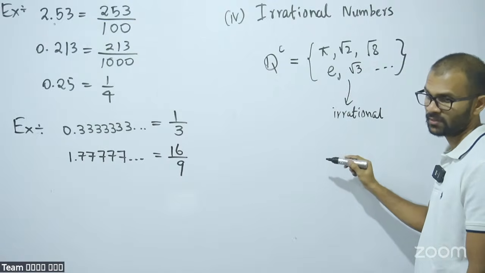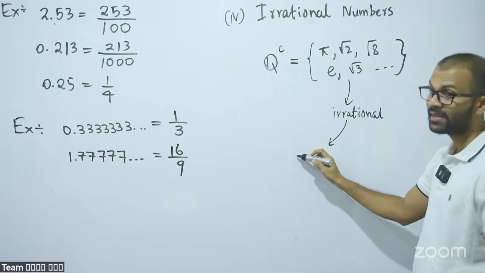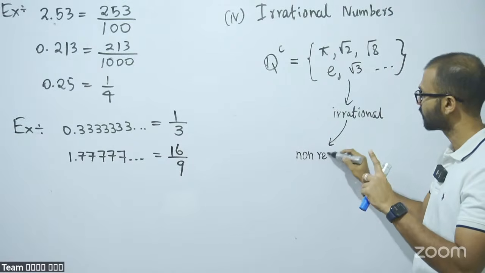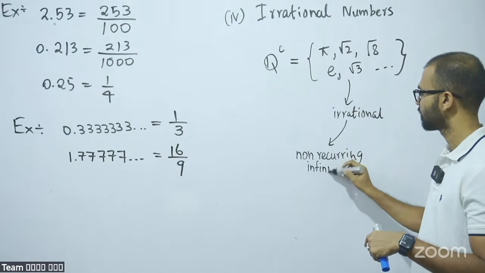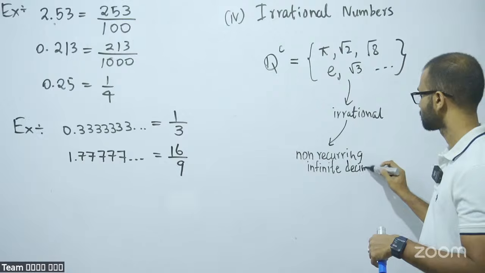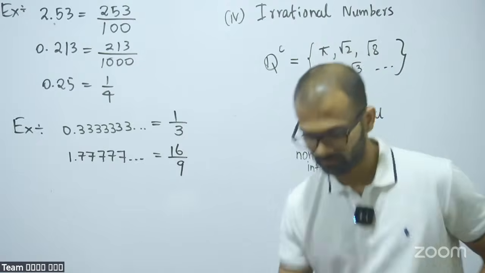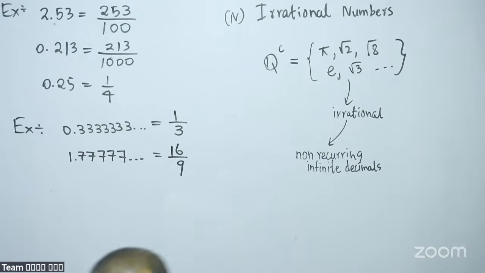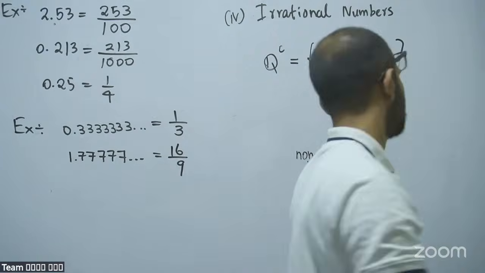In other words, a simpler way to understand the concept, we can rewrite it as a non-recurring infinite decimal. Right. So what are non-recurring infinite decimals now?